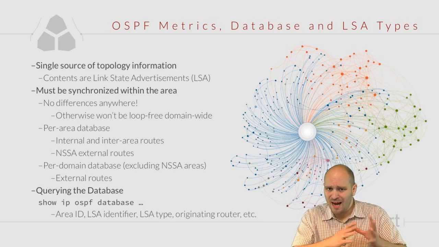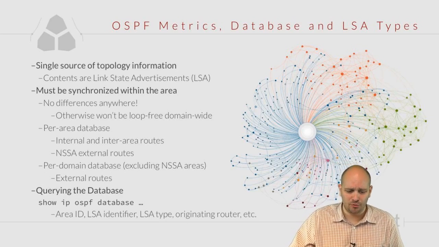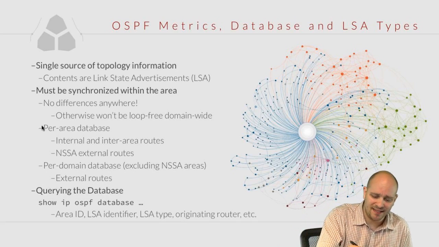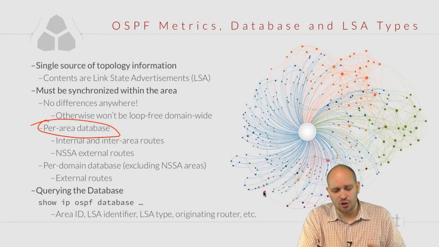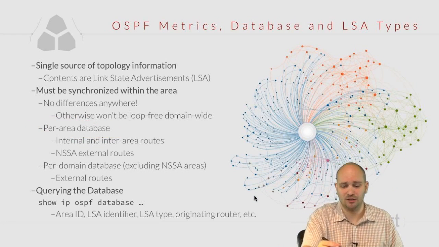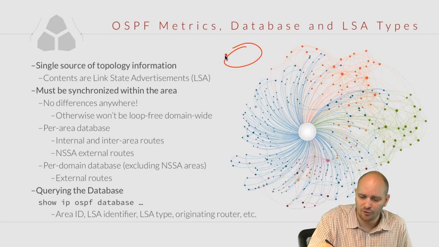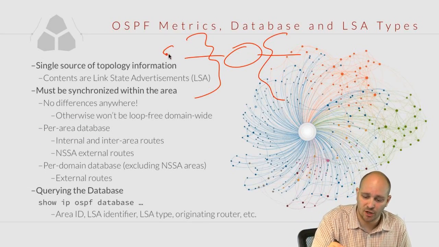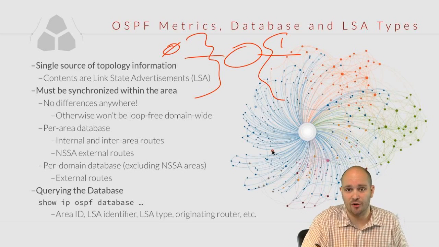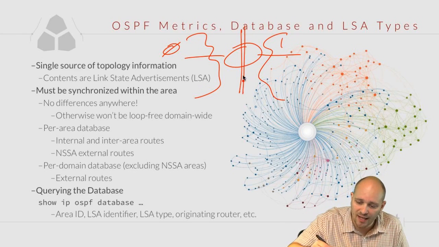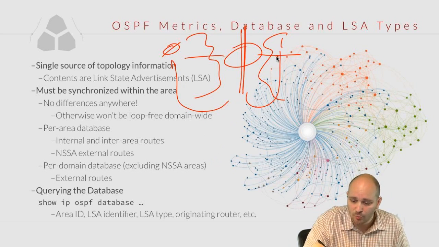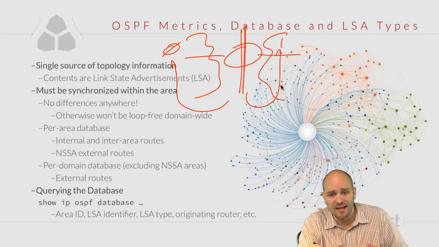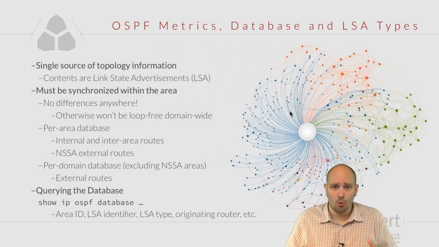So I did talk briefly about these per area databases. Per area databases are databases that are kept inside the area. As I said, if we had a router that had connections to multiple areas, so let's say this here was area 0 and this here was area 1, this router would have two databases: the database in area 0 and the database in area 1.